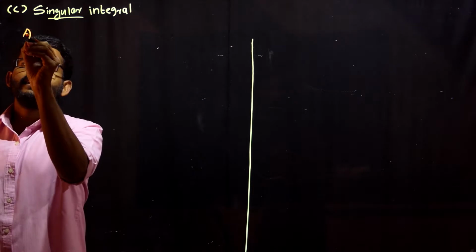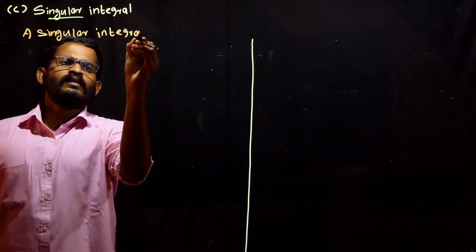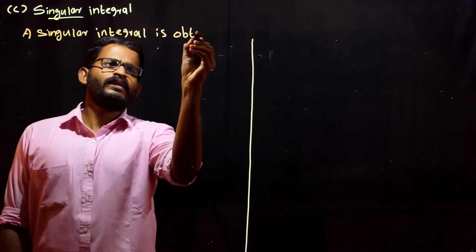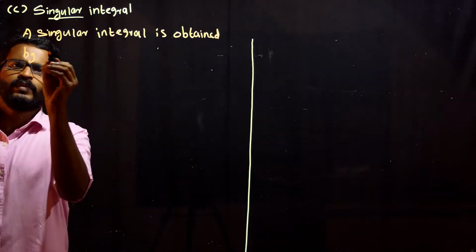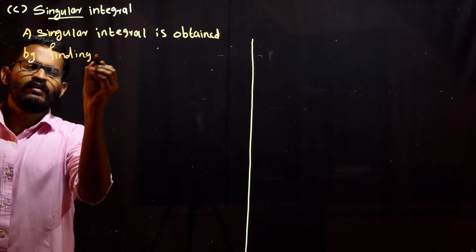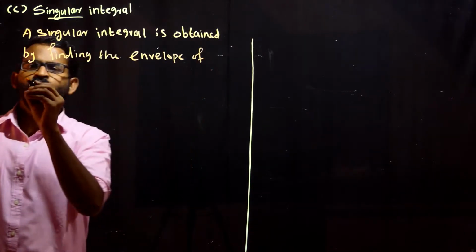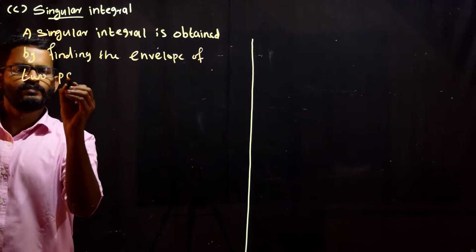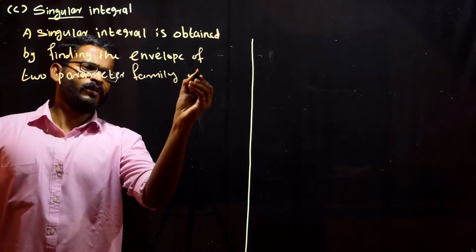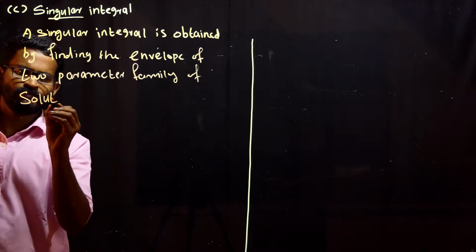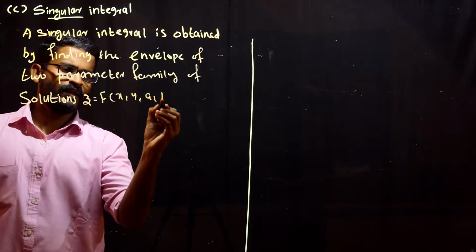A singular integral is obtained by finding the envelope of a two parameter family of solutions, z is equal to f of x, y, a, b.